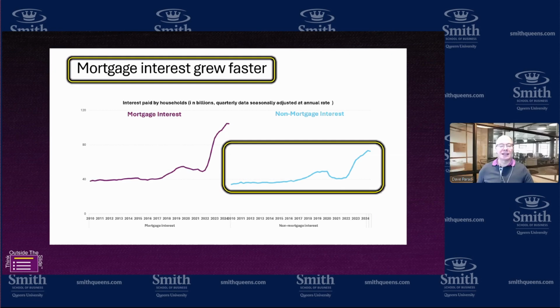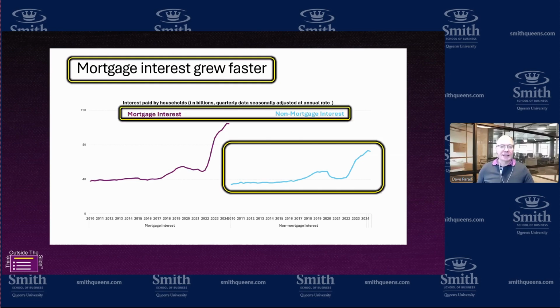You look at those two lines and it's very clear that the mortgage interest climbed far faster than the non-mortgage interest. And then I put the explanatory text, the labels as to what the purple and the blue lines are representing. I put that right into the graph, right above those lines. So it is not something you have to go back and forth to understand, but it's right there.